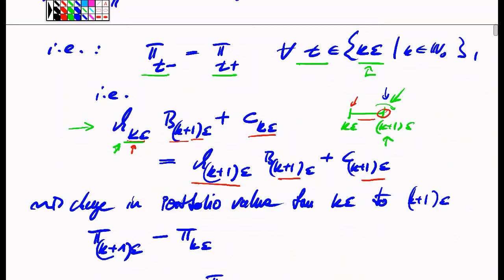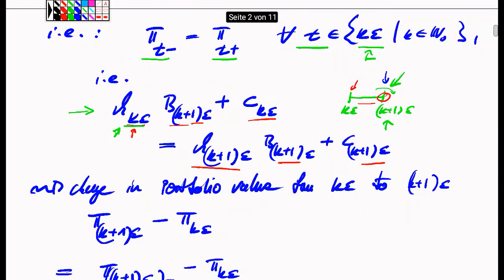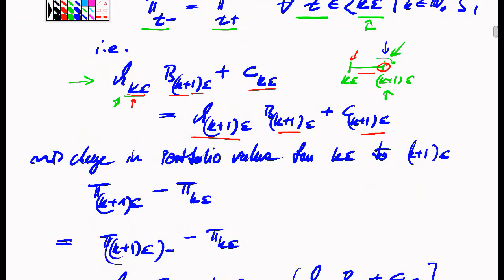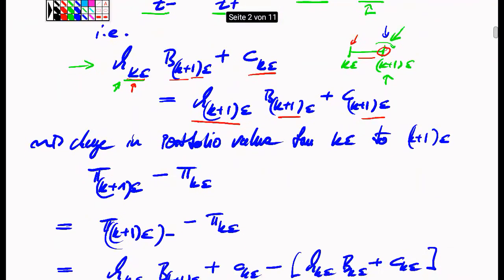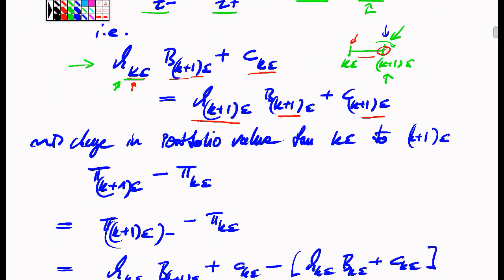This is what we understand by a self-financing investment strategy. So it's a pair of theta and c values which are updated at each of those discrete moments of time, and we want that these readjustments at each moment of time are cash neutral, so to say, or budget neutral.